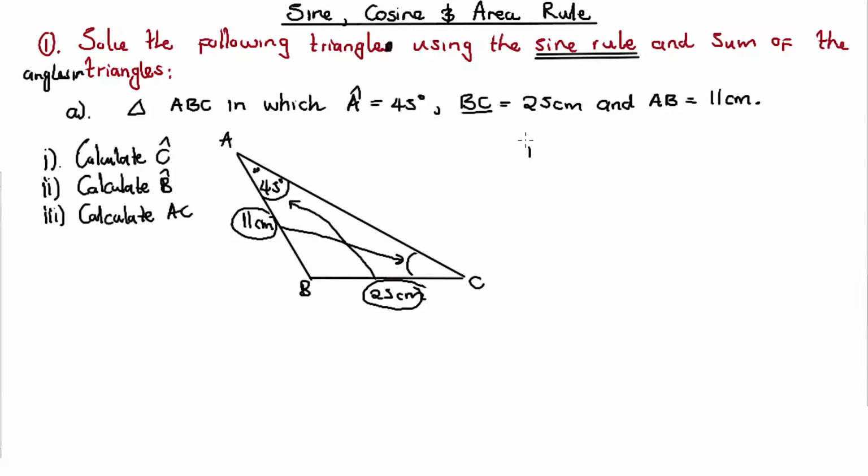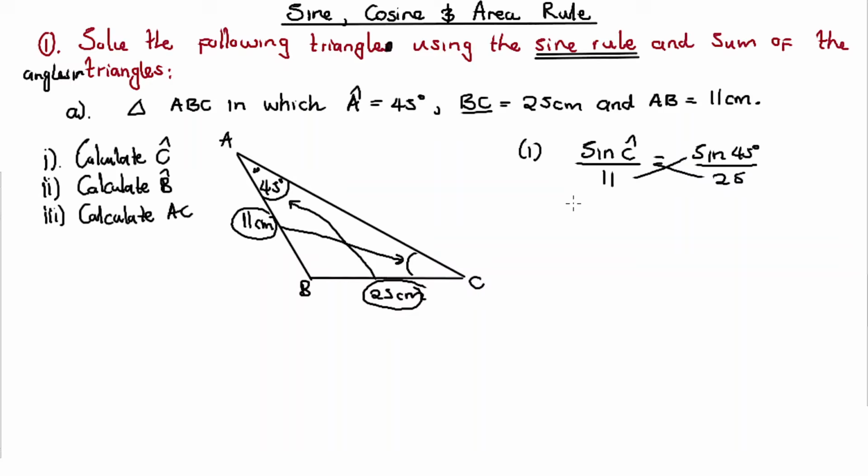So for number one, sine angle C over the opposite side, which is 11, equals sine 45 degrees over 25.